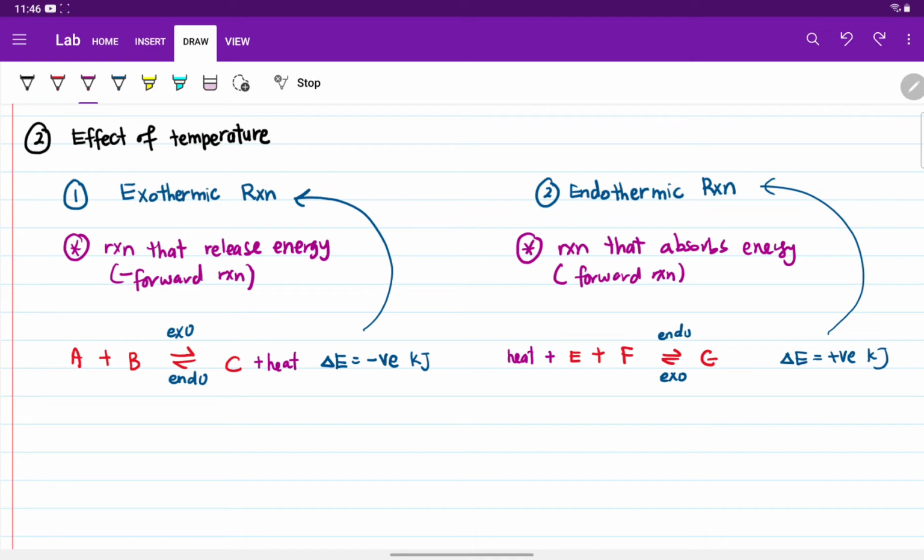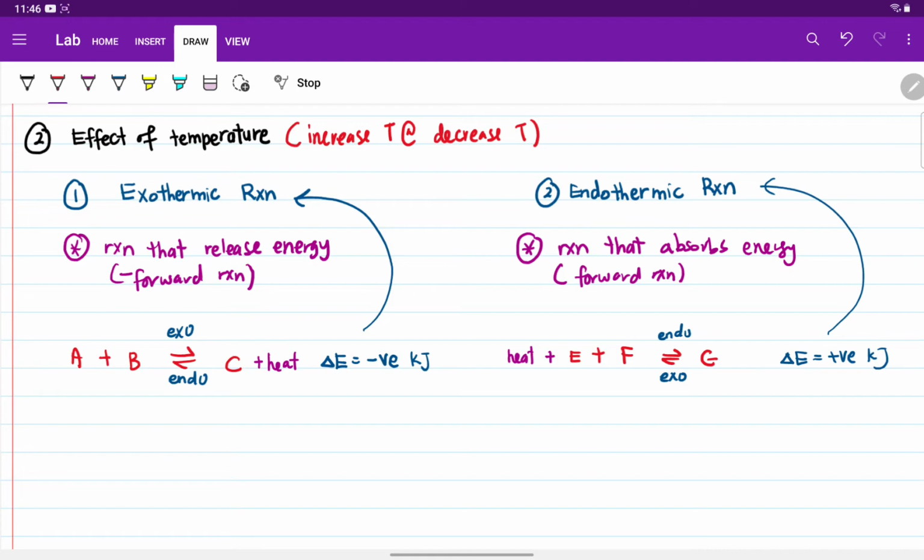Okay, now. So, this is the brief explanation on exothermic reaction and endothermic reaction. Okay. Untuk kita punya Le Chatelier principle, disturbance adalah effect of temperature. Okay, macam mana? Sama ada kita increase temperature ataupun kita decrease temperature.